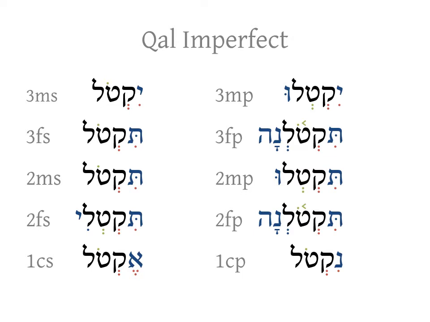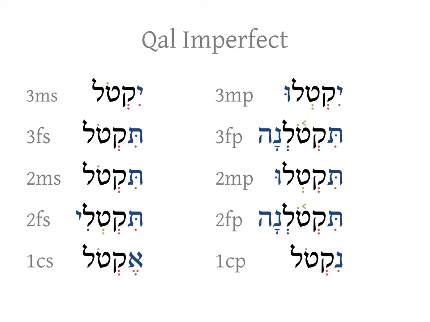Let's say the forms together again. Yiktol, tiktol, tiktol, tiktali, ektol. Yiktolu, tiktolna, tiktolu, tiktolna, niktol. I've color-coded the forms this time to give you some idea of what different things are going on.